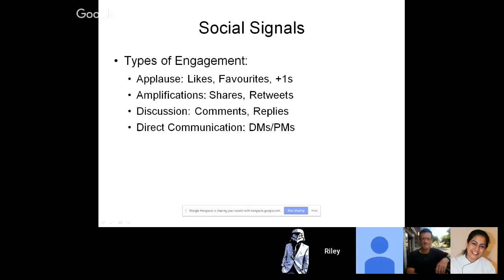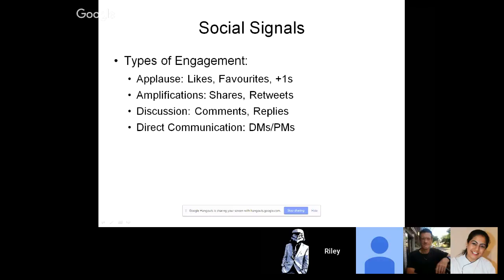That being said, the more you get of them, the more likely that you're going to get other types of engagement, and you're going to have that post stay in the feed. So you want likes, but you really want other types of engagement. You want applause, but it's sort of like a baseline.